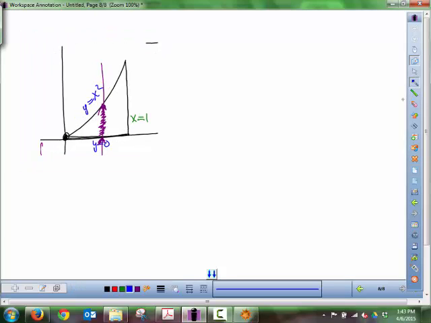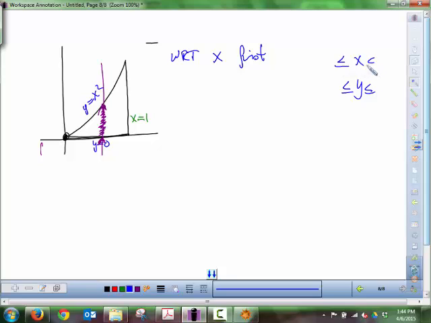So if for some reason, and there could be a valid reason, that you wanted to integrate this with respect to y first, or x first. So with respect to x first, I would set up my x and y limits like this.